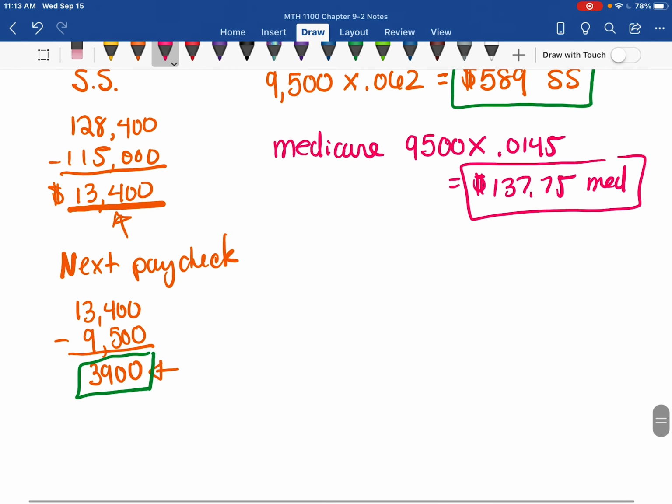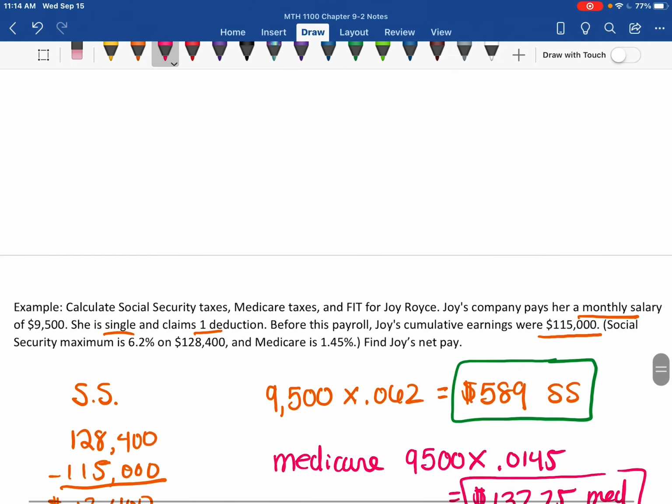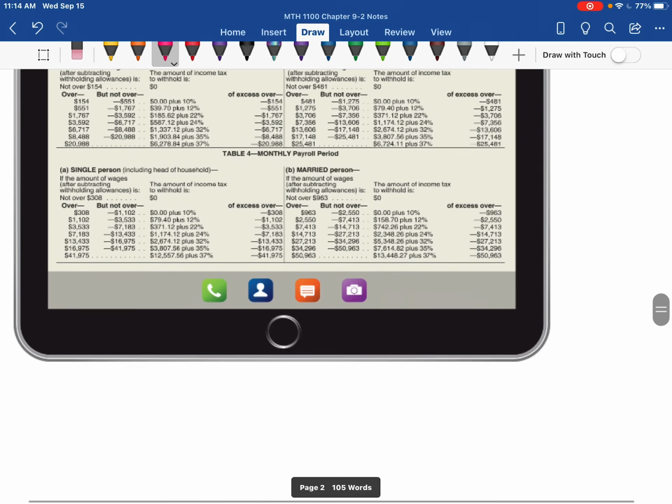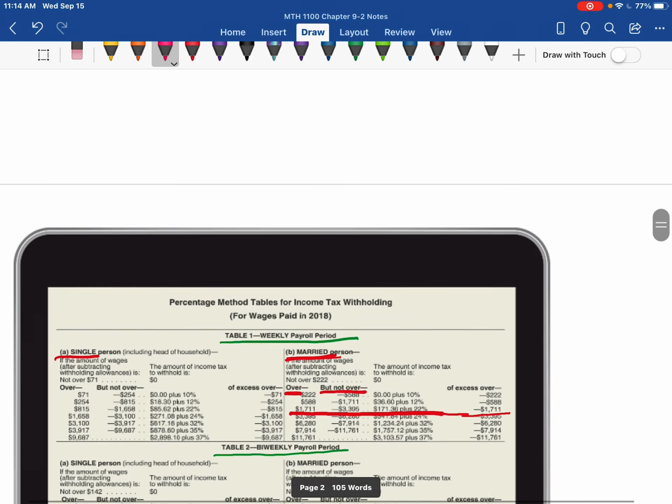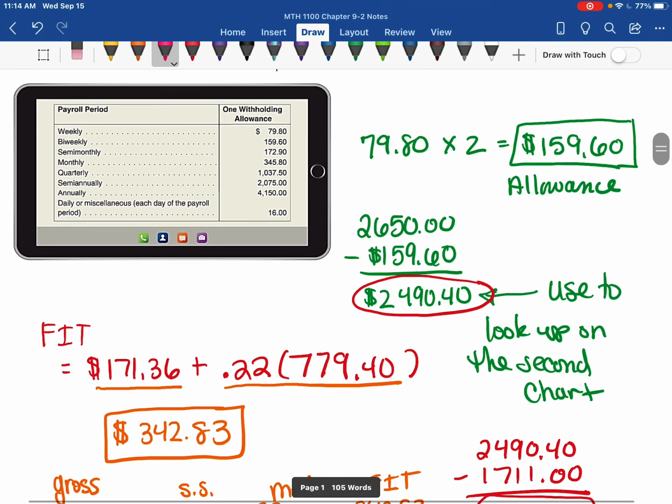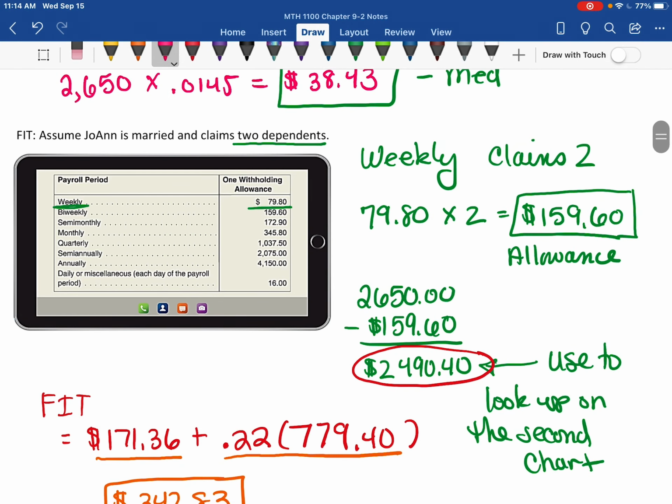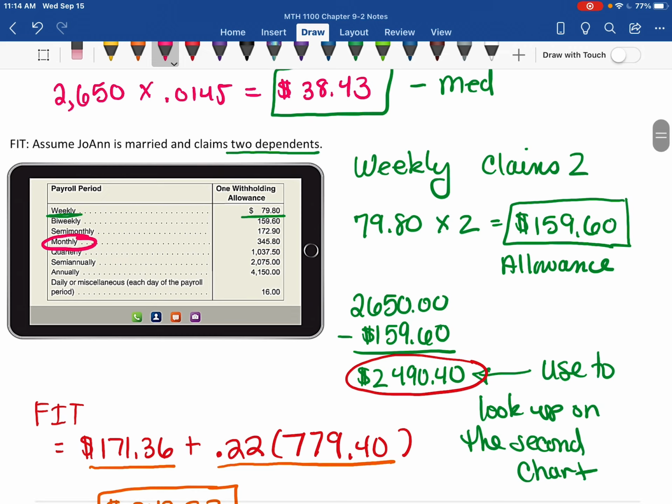Whoops. The last thing we need to find is her FIT. To find her federal income tax, we're going to look at the chart. She's paid monthly here, so I'm going to scroll up to our first chart. She's paid monthly, so for this one, I'm going to look at the monthly paycheck, and each allowance is going to be $345.80.